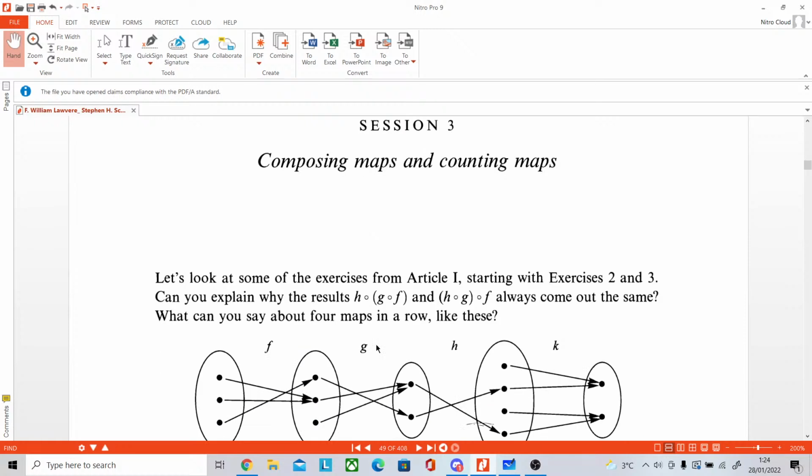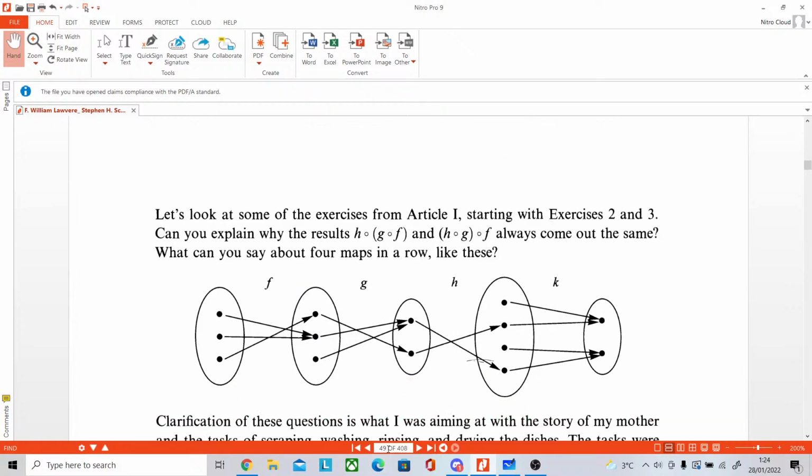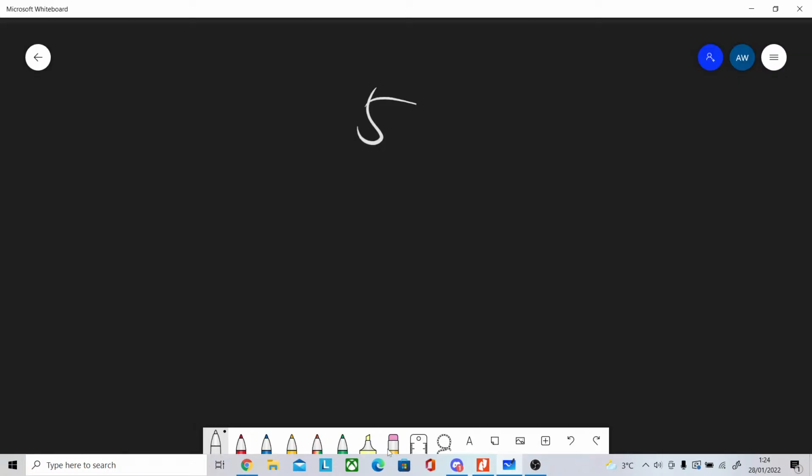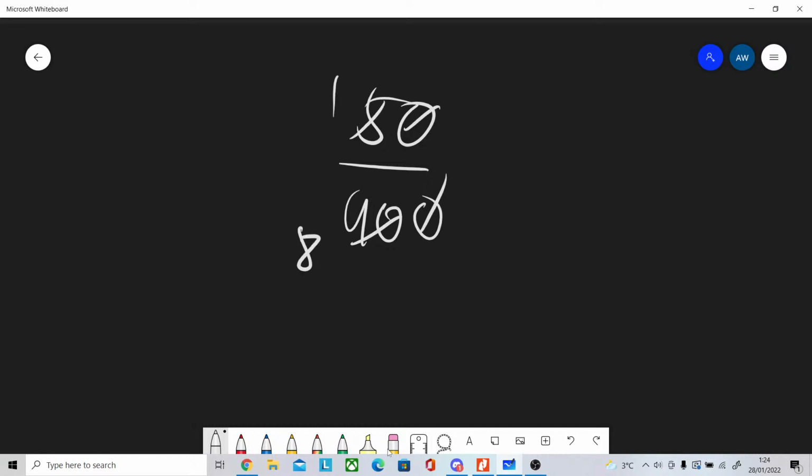And we are at session 3, almost 50 pages out of 400. That is 1/8 of the way there. Not bad.